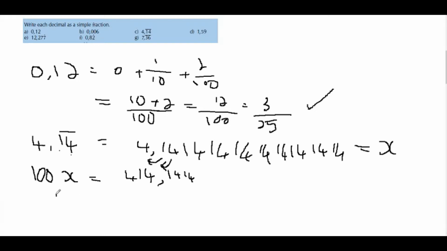So we're going to be left with 99x is equal to 414.141414 minus 4.14141414.